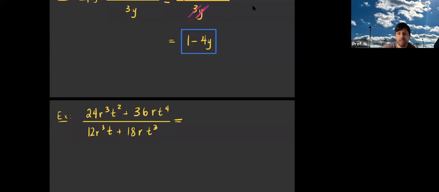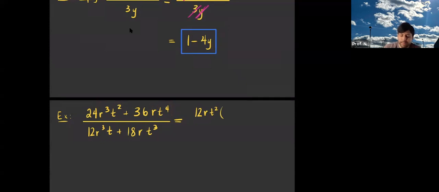It should be a 12, right, Jasmine? So you can take out a 12. You can take out an r. Remember when we look at the variables, we always take the smallest exponent. But there's also the t in there, right? So I can take out a t squared, actually. That's my GCF. And when I do so, what's the result?